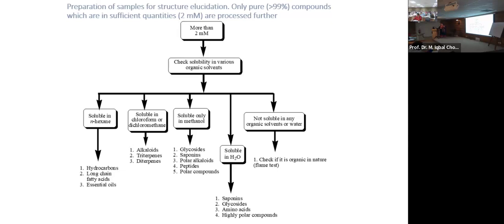Because what we are studying so far is solution NMR spectroscopy, and all the NMR equipment we have are solution phase NMR. We cannot study solids in our institute, and I think in Pakistan we do not have any solid state NMR yet.